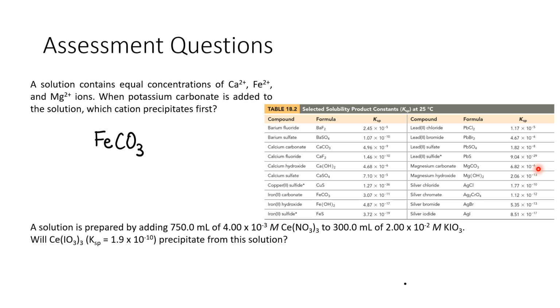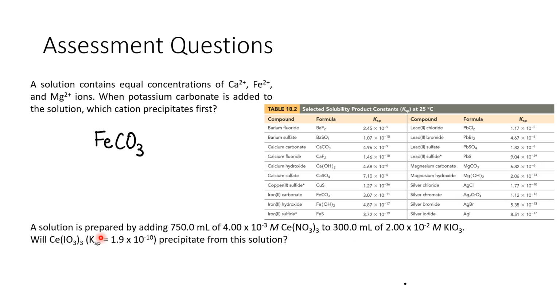The solubility of the carbonate is going to go up because the KSP is larger, right? So if I'm adding carbonate, I can afford to add more carbonate without precipitating magnesium, but I can't add as much carbonate for the other ions before they precipitate. Okay.